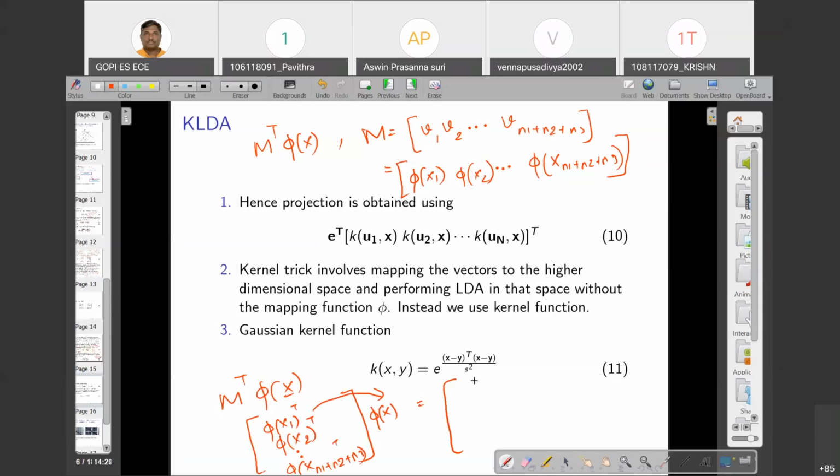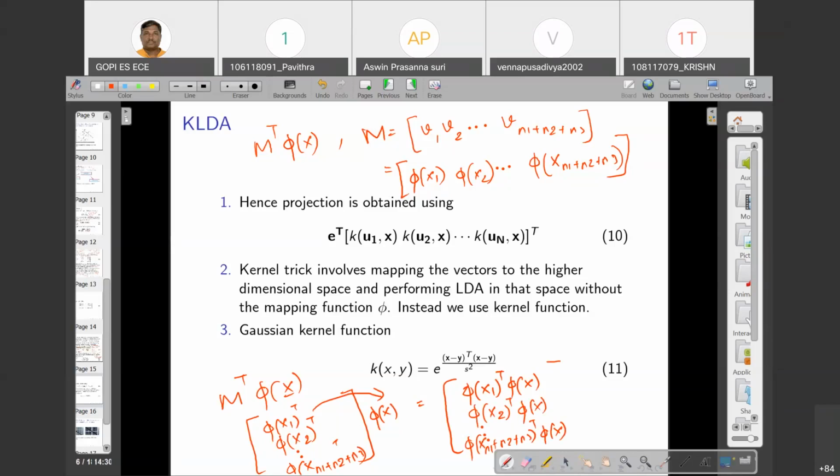If you multiply, it is phi of x1 transpose phi of x, phi of x2 transpose phi of x, and so on, up to the whole phi of x of n1 plus n2 plus n3 transpose phi of x.